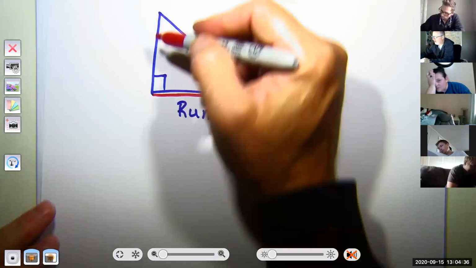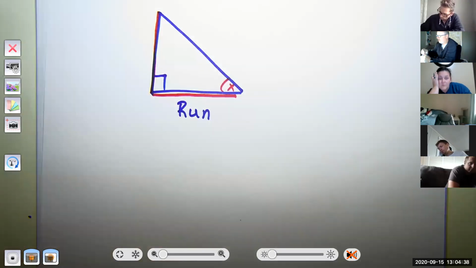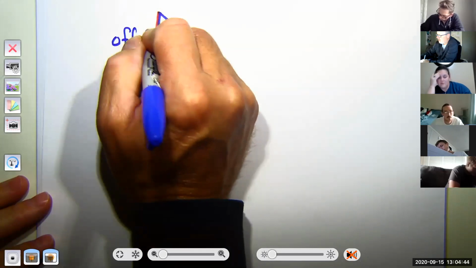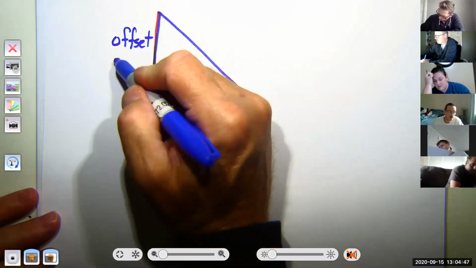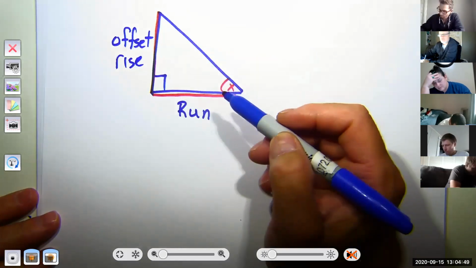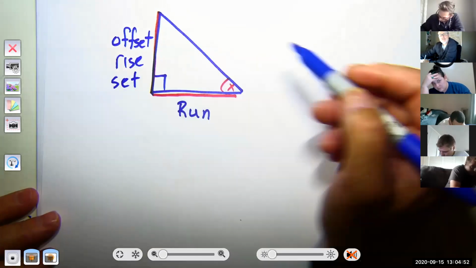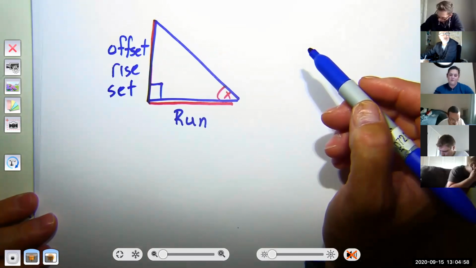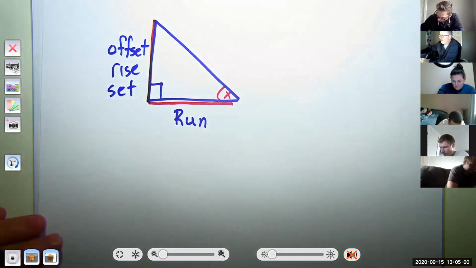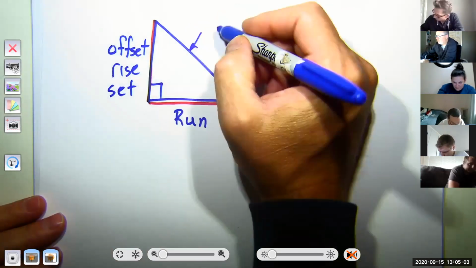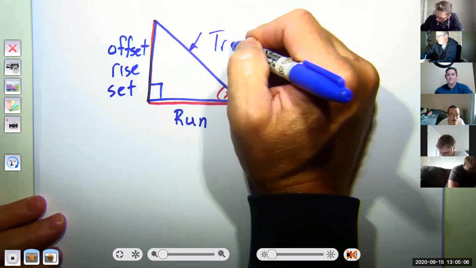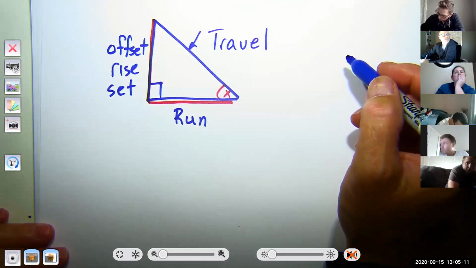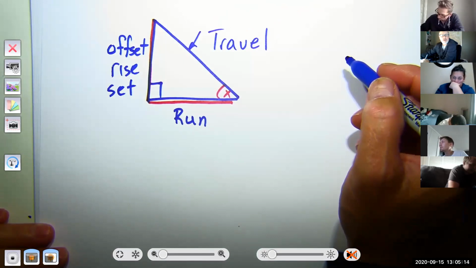This line here we call the offset. Sometimes we call it the rise. Sometimes we call it the set. So there are a bunch of different names for that particular part of the triangle. And then this line here, we call the travel.